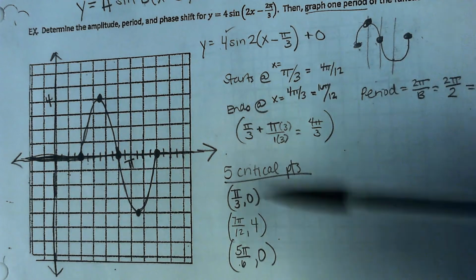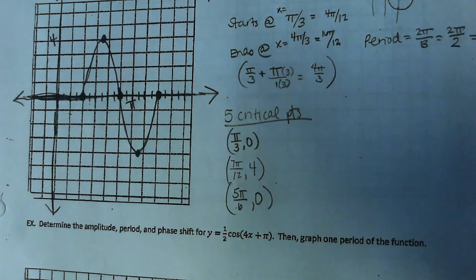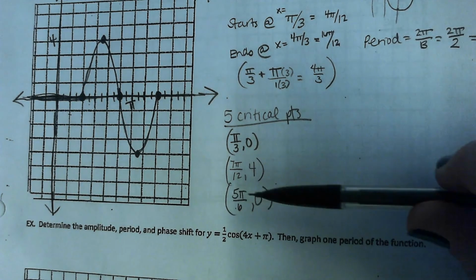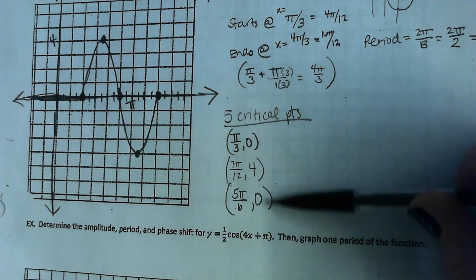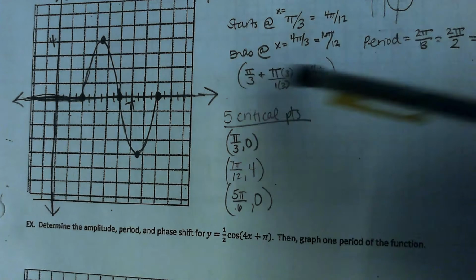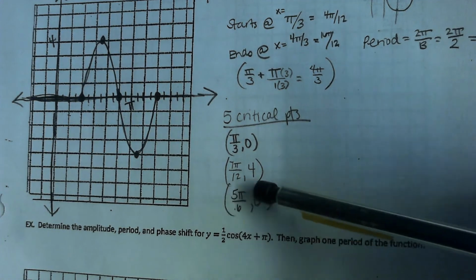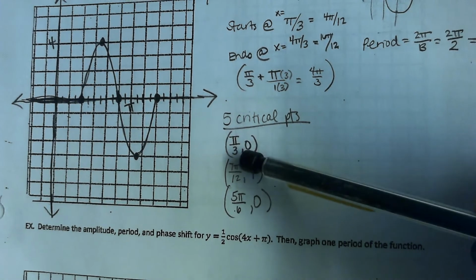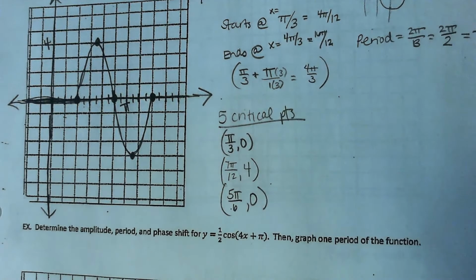See, otherwise, if I didn't get that common denominator and count the way I counted, you guys would have had to find the halfway point between pi over 3 and 5 pi over 6. I'm not sure how that would have gone because there's a different denominator on them. So you would have gotten a common denominator, and then you would have gone halfway between 5 pi over 6 and 2 pi over 6, which would have been 3.5 pi over 6, which is like a complex fraction.